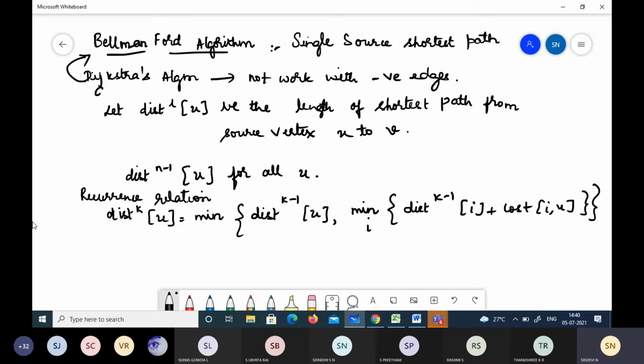So the distance of this will be used to compute the distance k from distance k minus 1, where k equals 2, 3 up to n minus 1 edges.